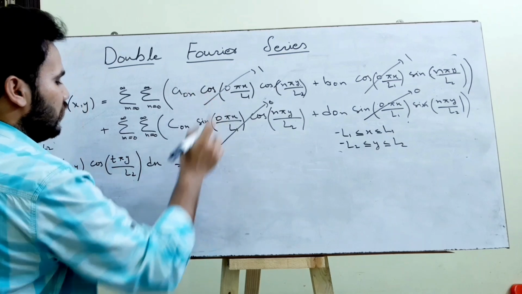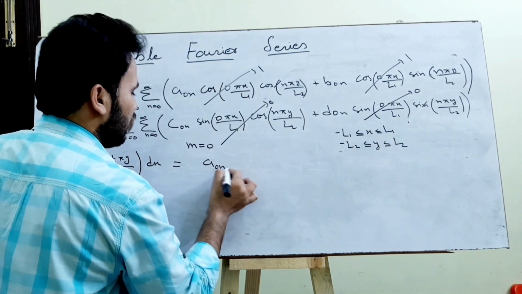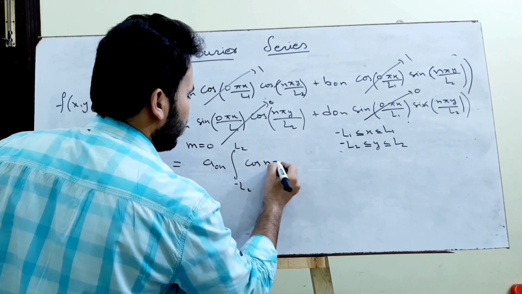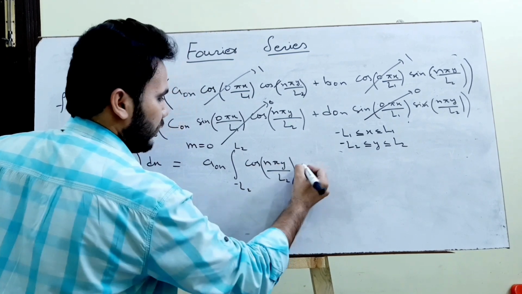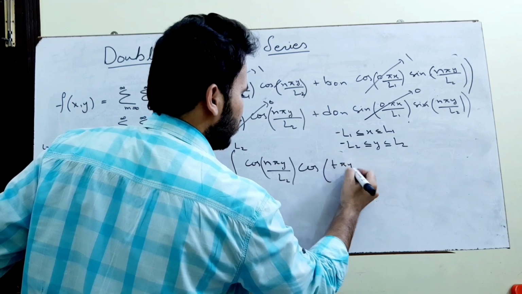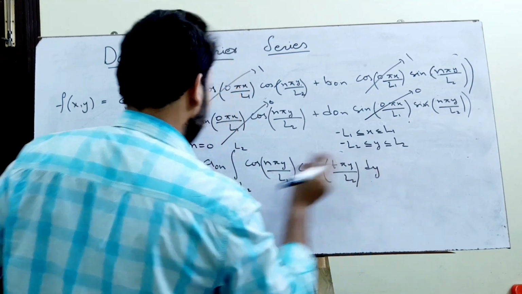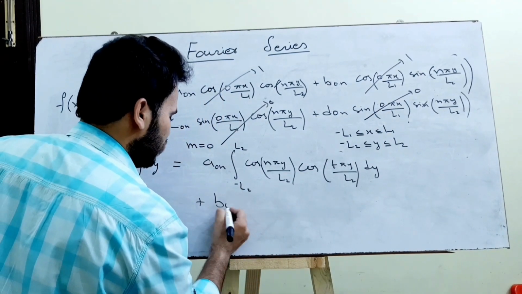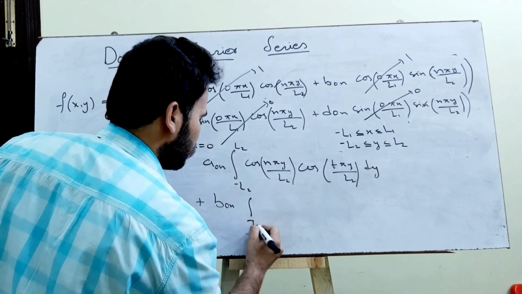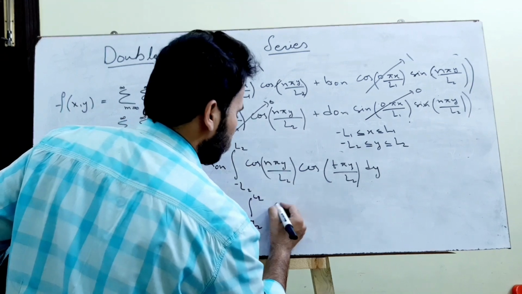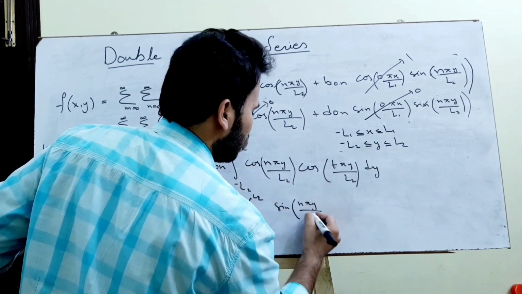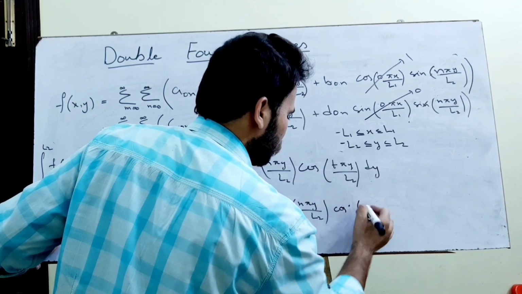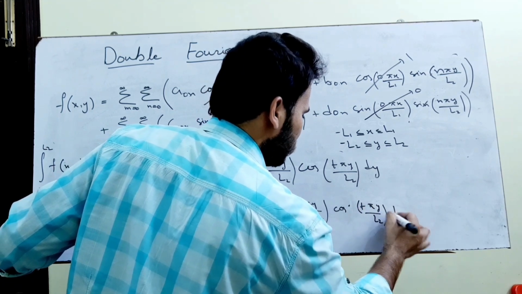This is a constant, so it will be outside, and here negative L2 to positive L2 cosine n pi y over L2 times cosine t pi y over L2 dy, plus b(0n), negative L2 to positive L2 sine n pi y over L2 cosine t pi y over L2 dy.